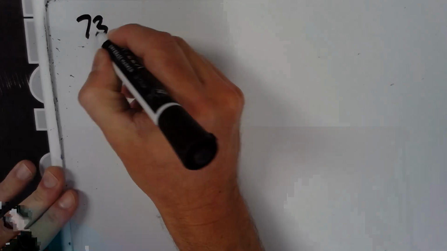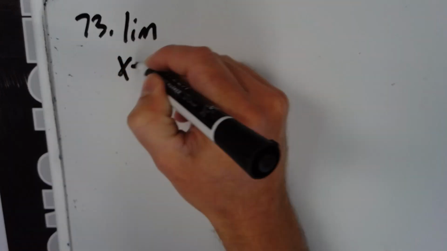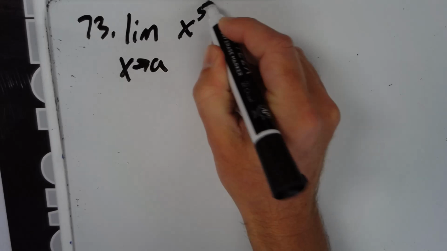73. Okay, so the whole key on 73 is this information they gave you. I don't know how you would factor it without this. And the key, make sure you read it.